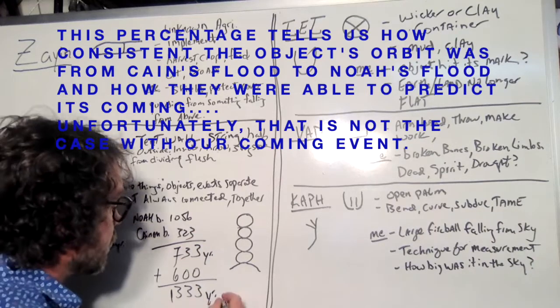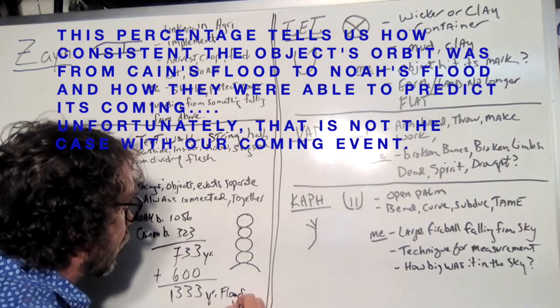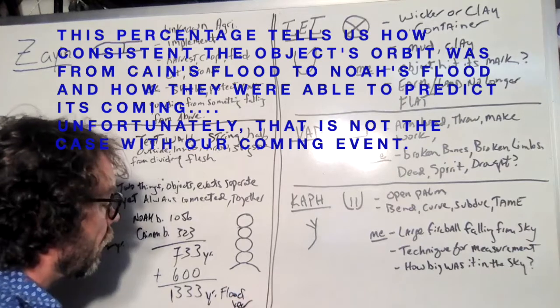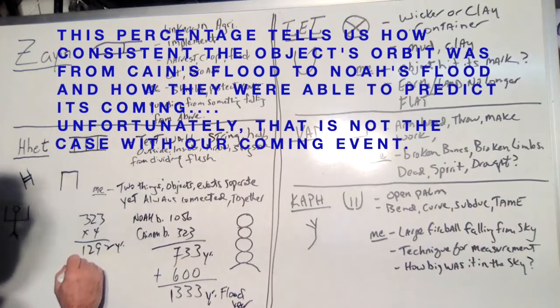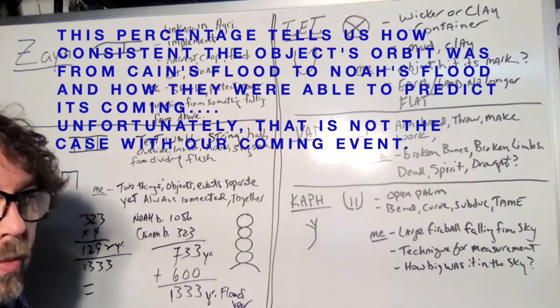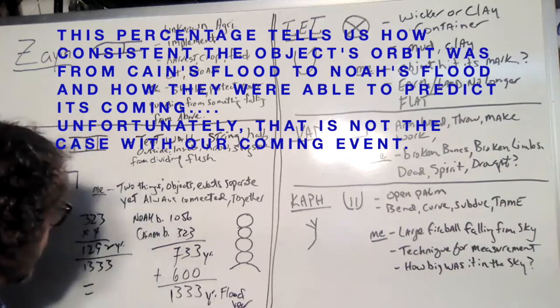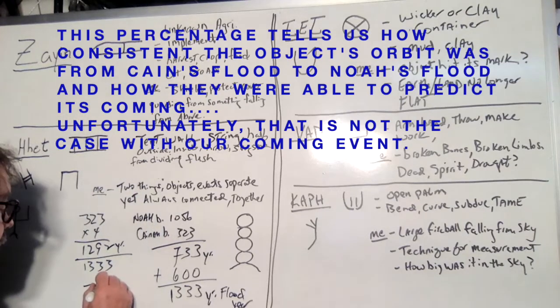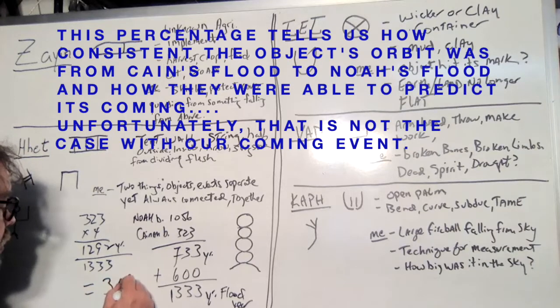I'll just put flood year out here. So let's divide this one by this 1,333. This is equal to 3%. I think it's like 3.08%.